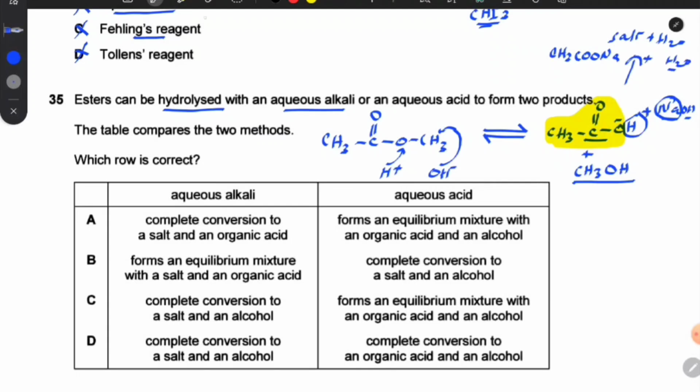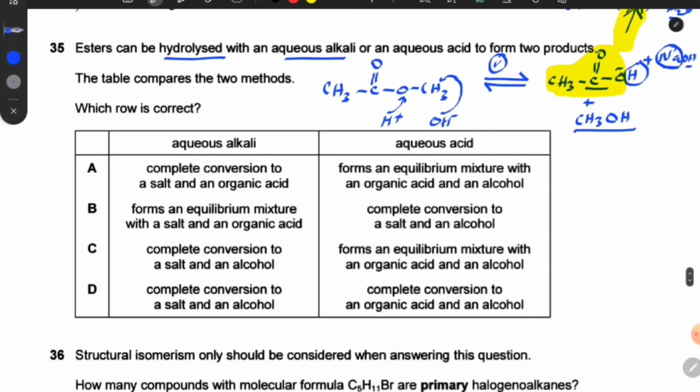But this reaction where you're getting salt and water is an irreversible reaction. There is no equilibrium between these two. So if you are hydrolyzing ester in the presence of acid, then there will be an equilibrium. But if you are using alkali to hydrolyze ester, then this is an irreversible reaction.